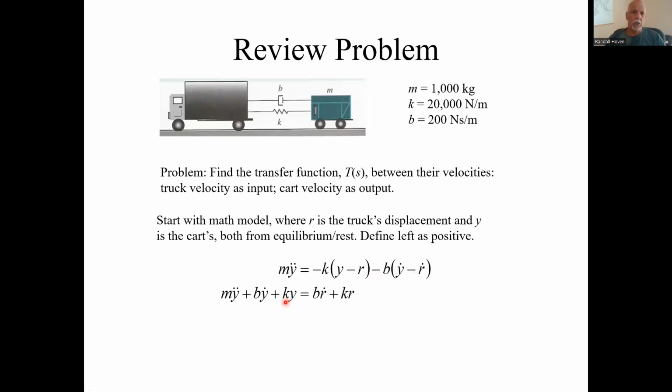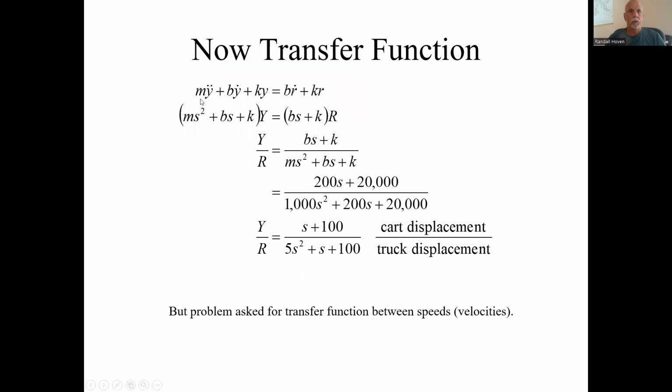If we get all the y, or output, stuff on the left and the r, or input, stuff on the right, here is our math model. There's our differential equation. Take Laplace transforms. Every derivative is a multiplication by s.